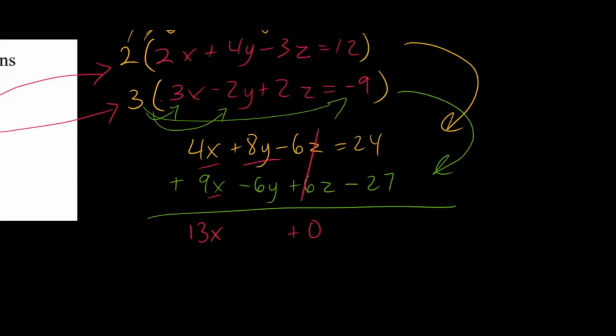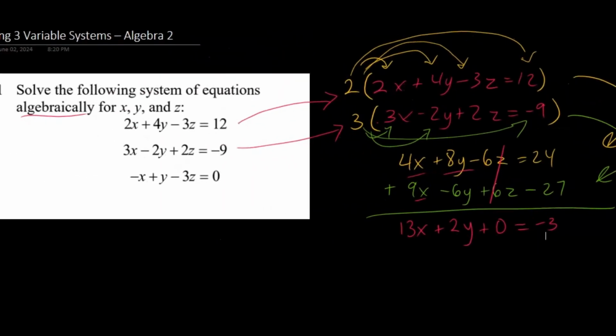And then positive 8y plus negative 6y is just 8y minus 6y, so that is just positive 2y. And then 24 plus negative 27 is the same thing as 24 minus 27, and that is negative 3. So yeah, it is definitely a lengthy process there.